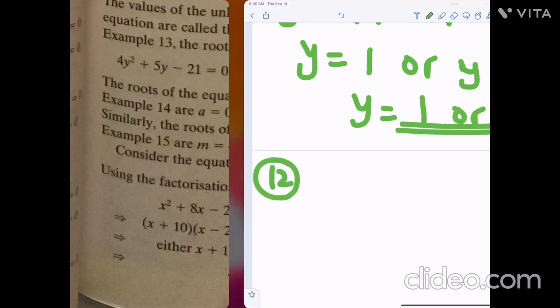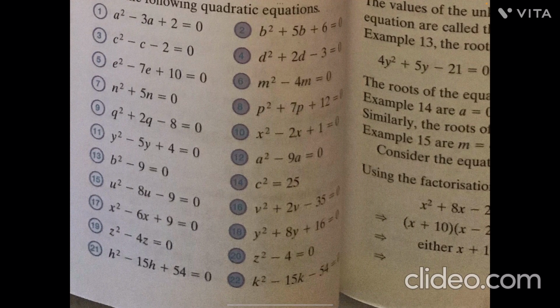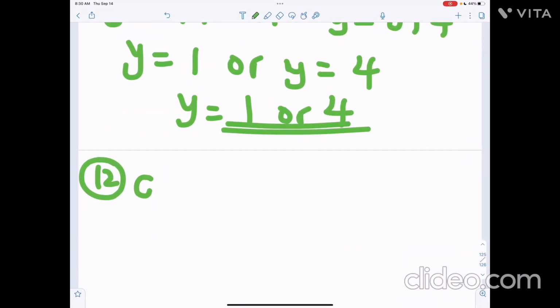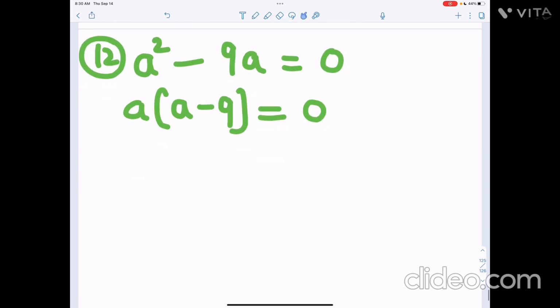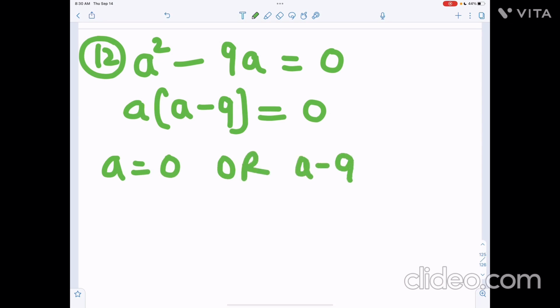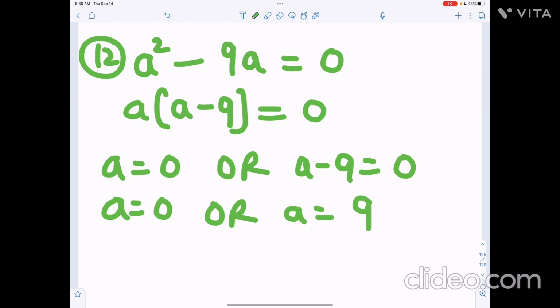Number 12 now. Question 12: a squared minus 9a is equal to 0. This one is simple factorization. a into bracket a minus 9 is 0. We did something like that just recently. a is 0, or a minus 9 is 0. a is 0 or a is 0 plus 9.